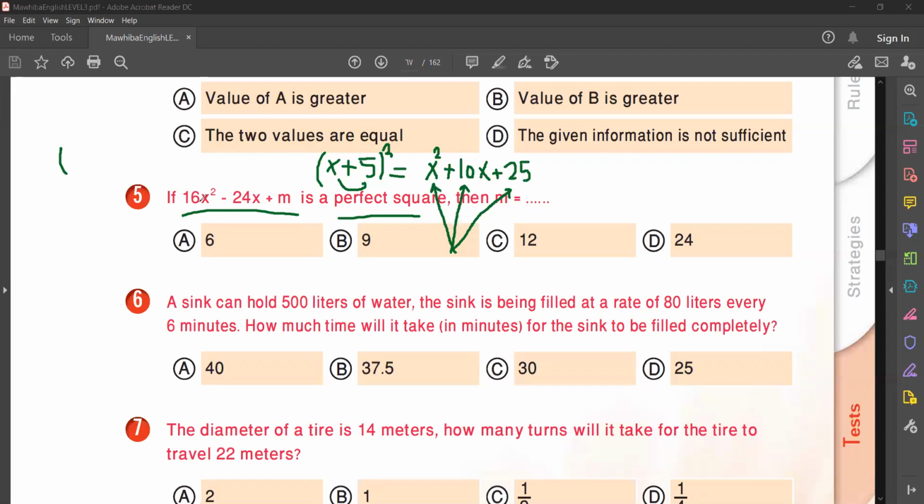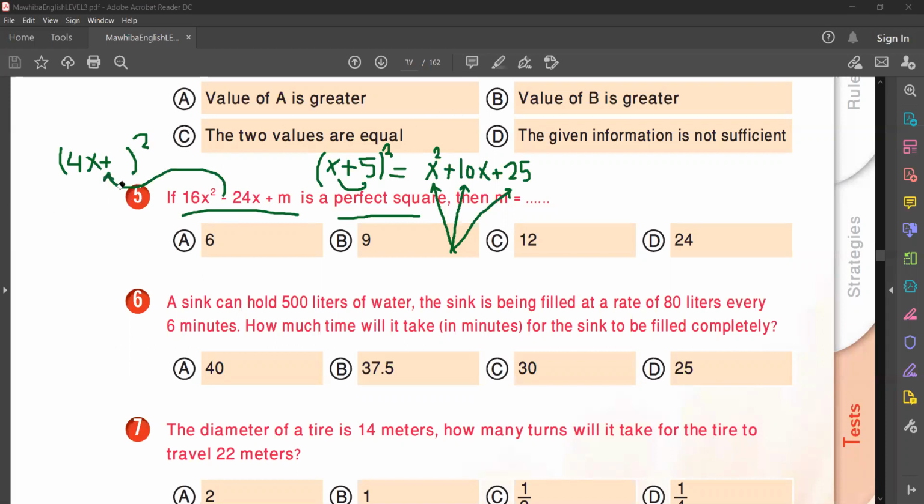You write 16x squared as 4x, plus the second one, squared. What about the second one? Look here, it is minus, so you write minus also.